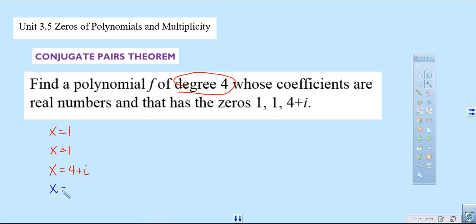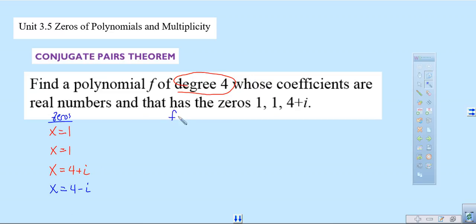Our first one is a real number, no conjugate. Second one, real number, no conjugate. Third one, complex number, so it has a conjugate, and we basically flip that imaginary portion. So those would be our zeros. That's what the question is asking, find the other one, and we found it.